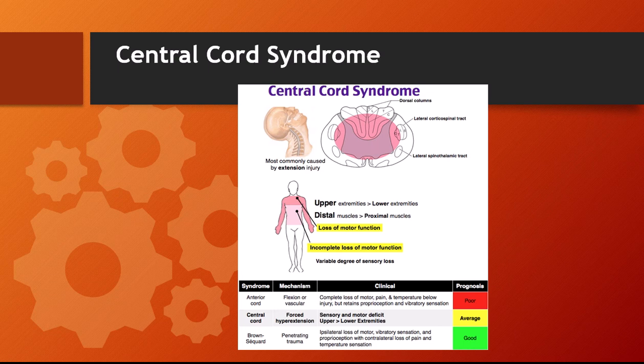Now, the big thing that we see here with central cord injury is that we're going to have edema from the inflammatory process more so than we would from blood. Most of the time, the spinal column itself is intact. So there are no fractures, there are no dislocations. It is not coming from the bones of the spinal column, but instead it's coming from tiny tears inside the cord itself.